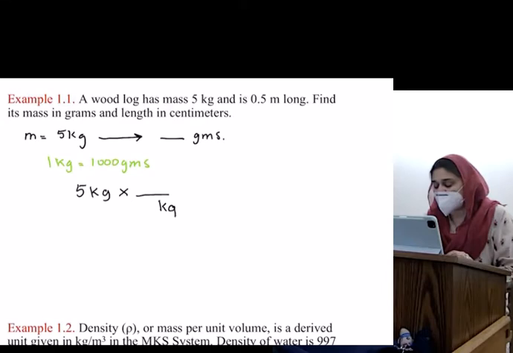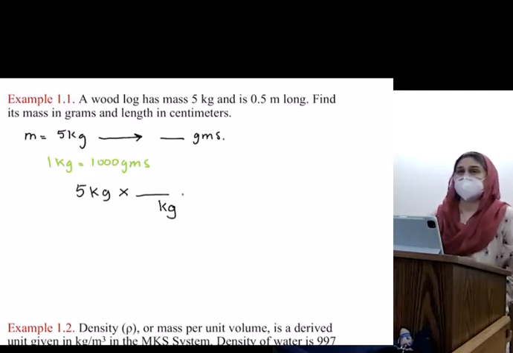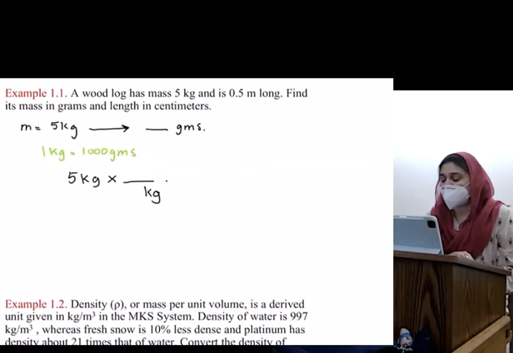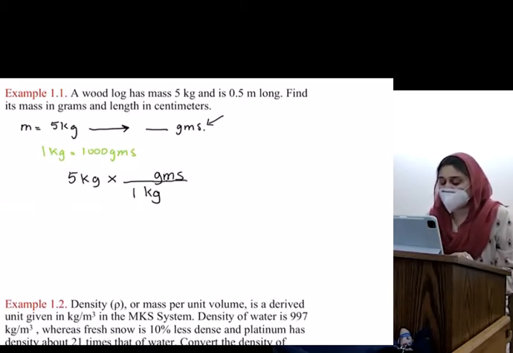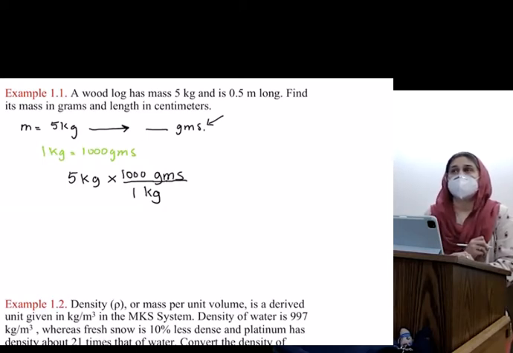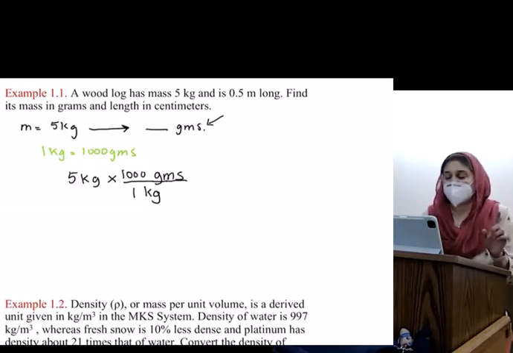I have to put kilograms here in order for things to cancel, right? And then I know, what do I want to end up with? Grams, correct? So then I need to do grams at the top so it doesn't go away. Now, 1 kilogram is how many grams? 1,000. Don't write anything.